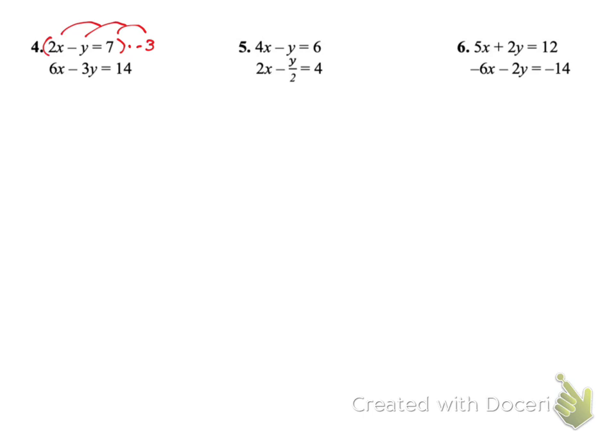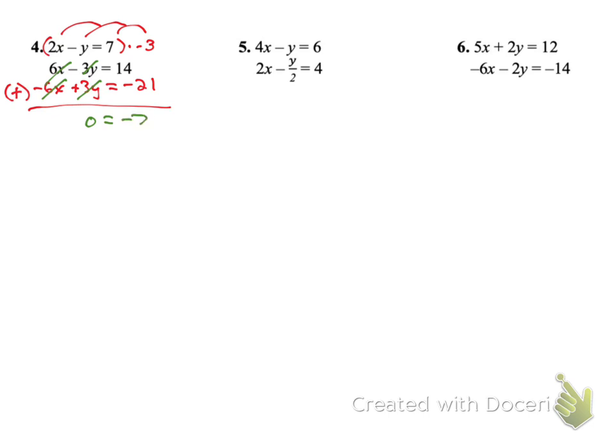that'll give me negative 6x plus 3y equals negative 21. And then if I add those two equations together, in this case, the x's will cancel, the y's will cancel.